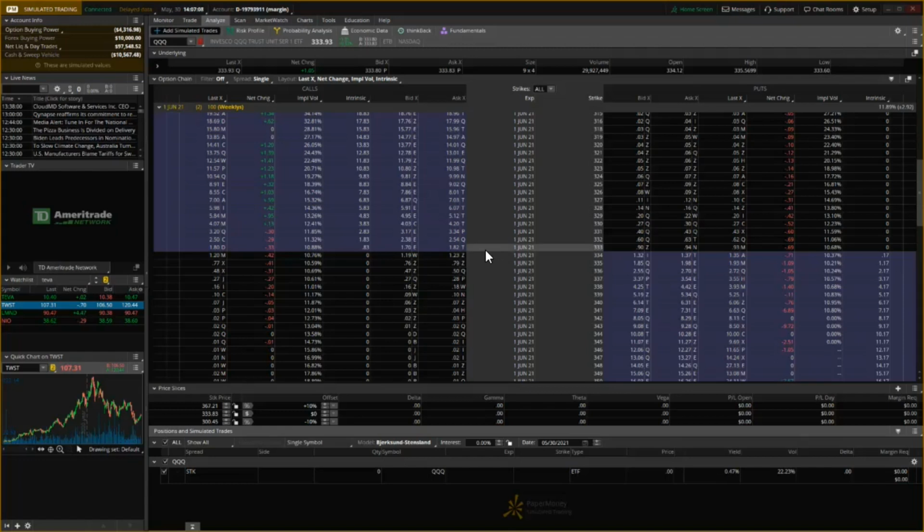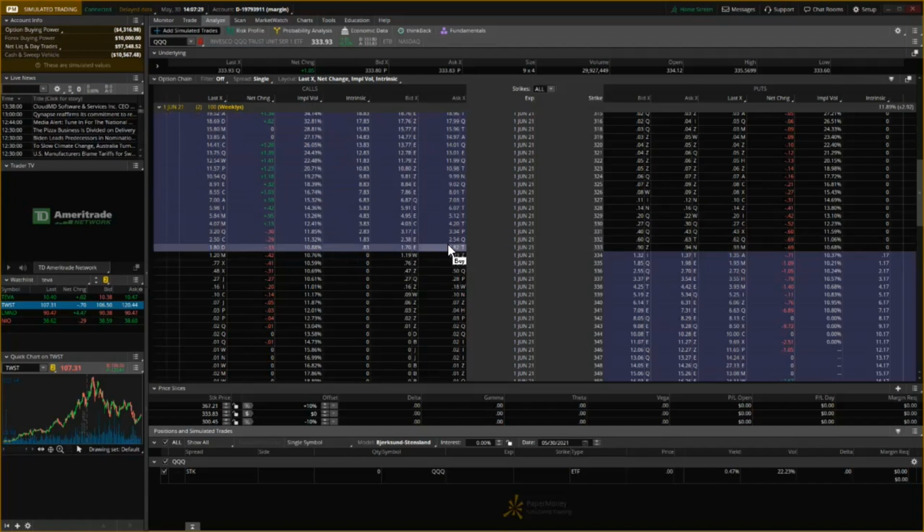That means call. Also see, before you start, the differences between the implied volatilities between the calls and the puts. On the calls, it's 10.88, and on the put side, it's 10.68. Pretty low implied volatility.